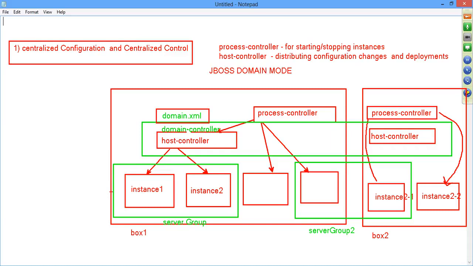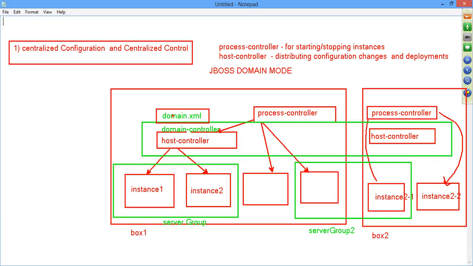But when you want to control multiple instances, you have a host controller and process controller for each box. Domain controller is same as host controller. So when you have a domain across multiple boxes, one of the host controllers is called domain controller, which will actually control the domain.xml.